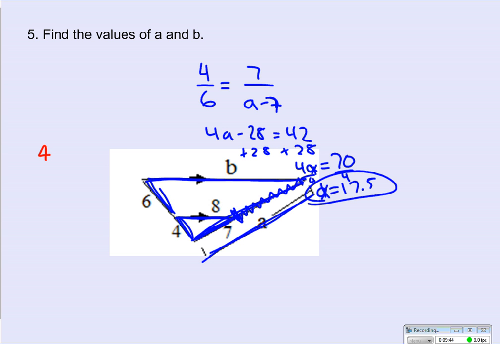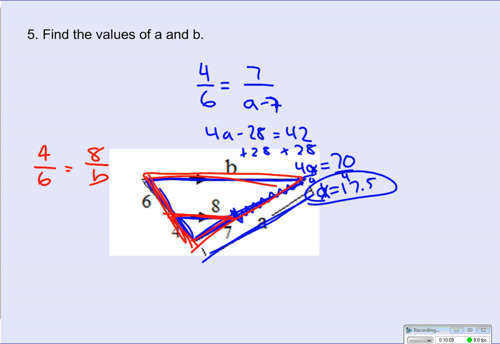B, I'm going to do the same thing, except I'm going to say it's got to be 8 over B. All right, in proportion. What you guys need to realize, and it's hopefully going to jump out at you at some point, is that when you draw something and they're parallel, you've created two similar triangles. You've created this little triangle and this big triangle.